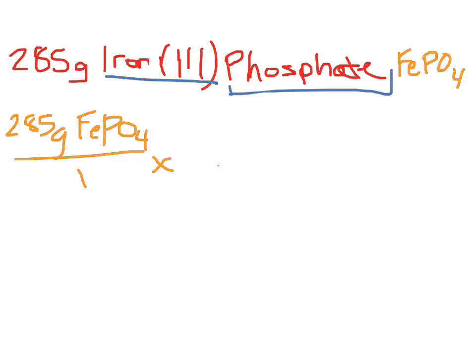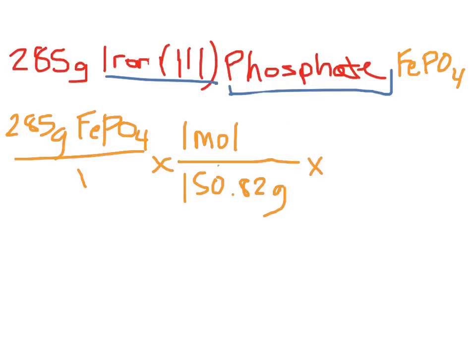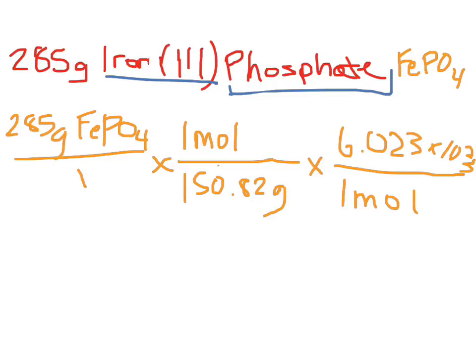So in this case we're going to put 1 mole on top because we are finding the molecules. You can't just put molecules on top, because that's not the thing. Then we put 1 mole here to cancel that mole out, and we put 6.023 times 10 to the 23rd molecules.